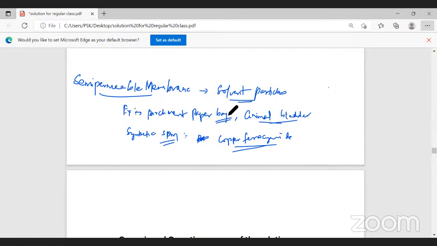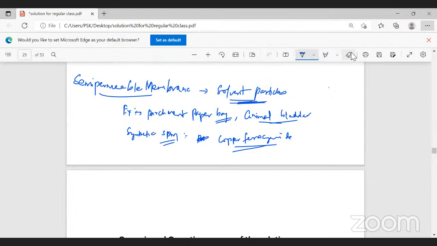You know what solute and solvent are. A membrane which allows only the solvent particles to move through is called a semi-permeable membrane. Examples: parchment paper bag, animal bladder, cellophane. Synthetic semi-permeable membrane: copper ferrocyanide.